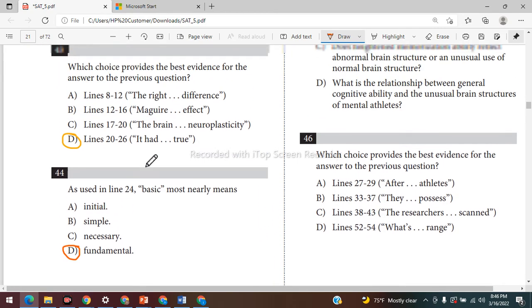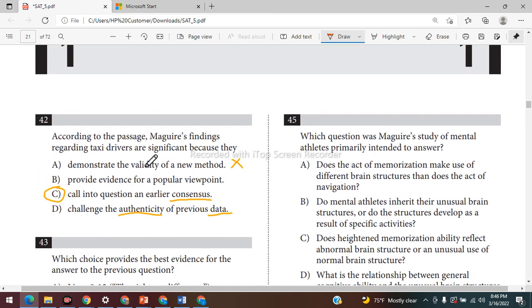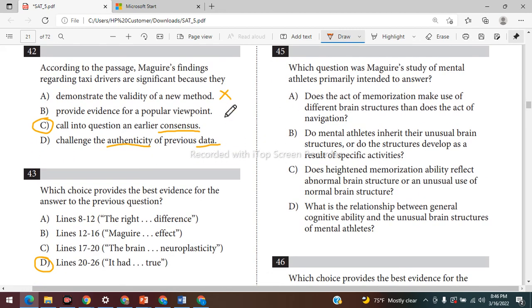Number 45. Which question was McGirr's study of mental athletes primarily intended to answer? A, does the act of memorization make use of different brain structures than the act of navigation? B, do mental athletes inherit their unusual brain structures, or do the structures develop as a result of specific activities?